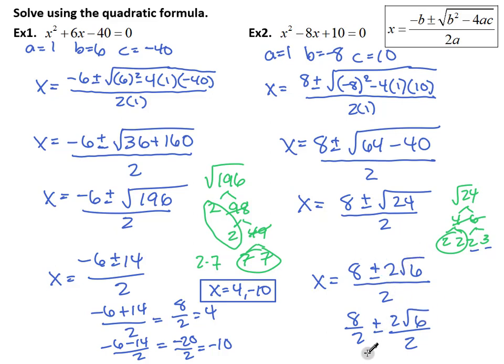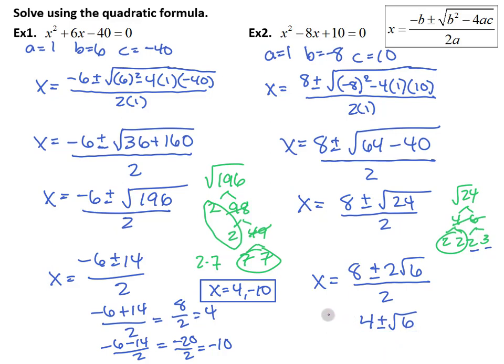Okay, but if all three values outside the radical here, 8, the 2 that came out, and this 2, if those 3 all have a common factor, you can reduce. So if I divide those 3 values, and it's only those 3, don't change what's inside the radical, we would get 4 plus or minus 1 root 6 all over 1, in which case we don't even need a fraction anymore.